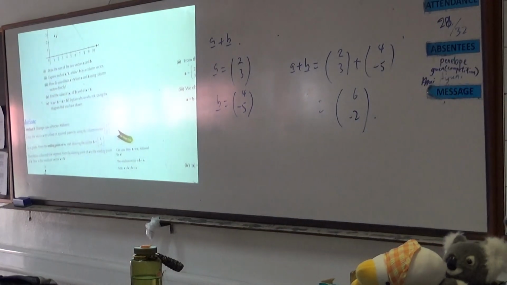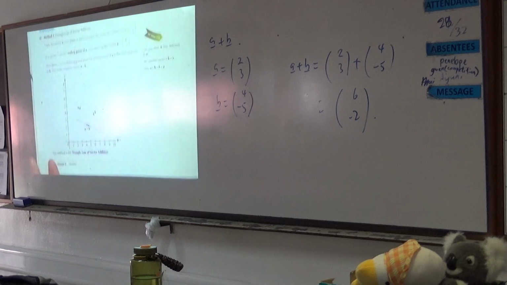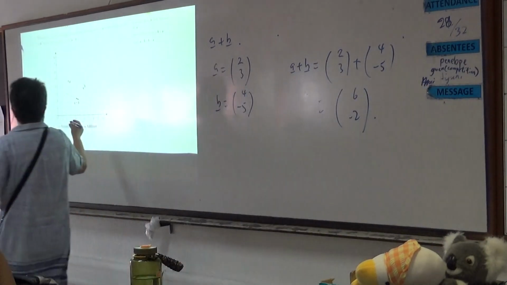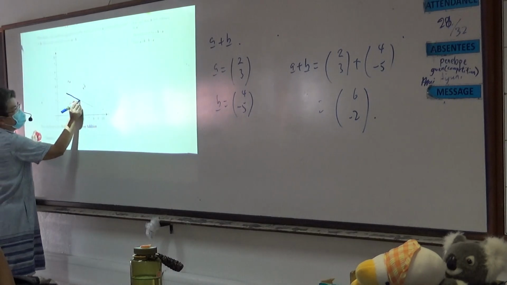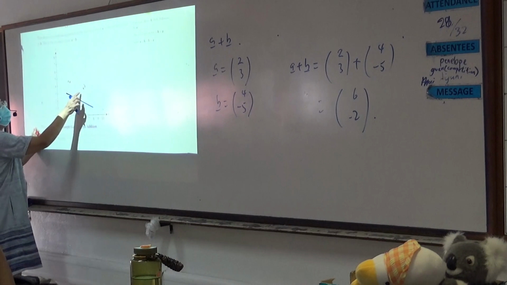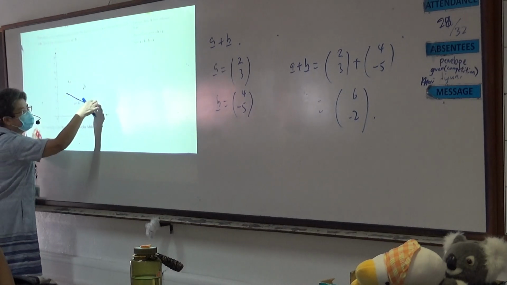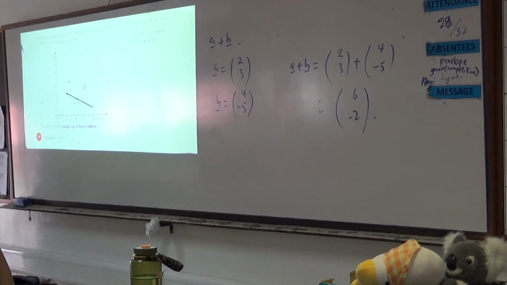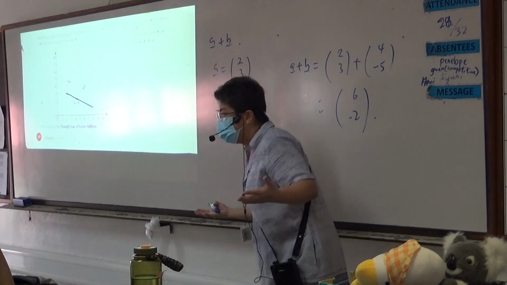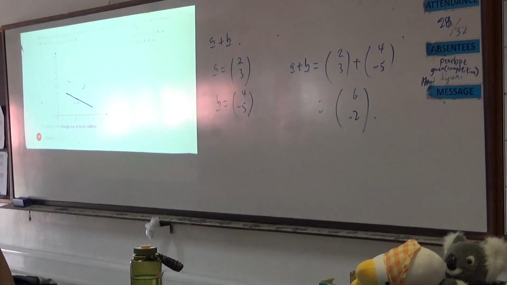Now, let's take a look at this answer here. A plus B is this guy. Can you see it? I count, 1, 2, 3, 4, 5, 6. 6, negative 2. It will be the same. Everybody clear? Alright, next part. Part 3.